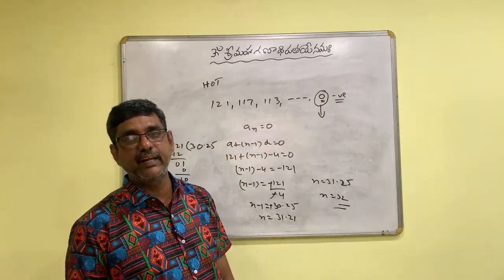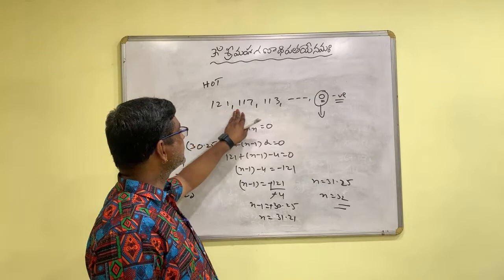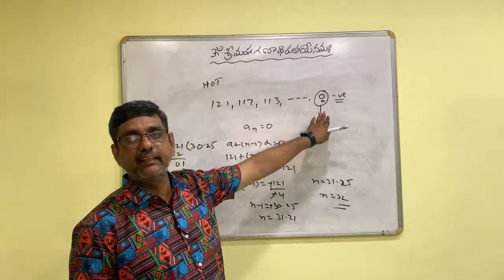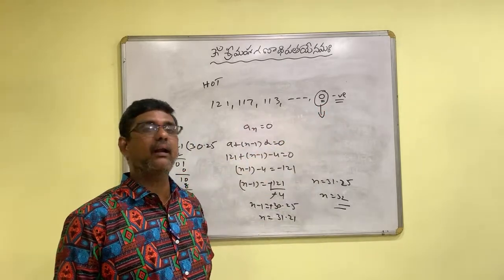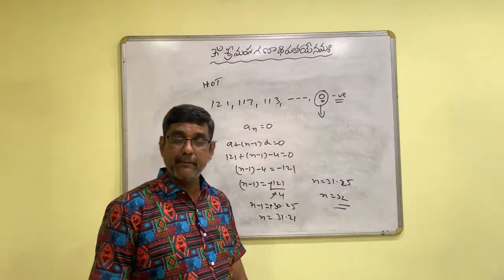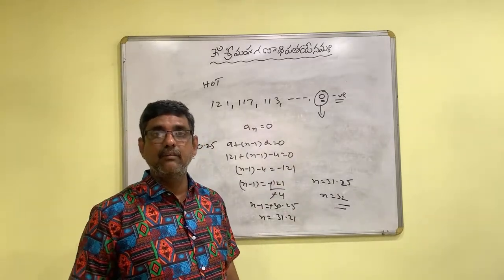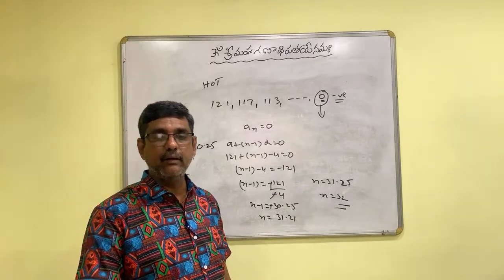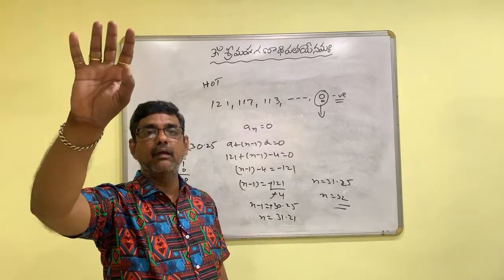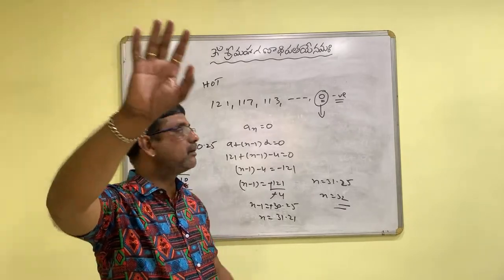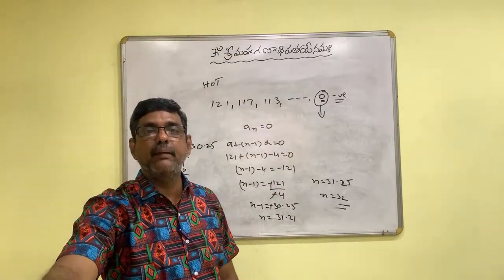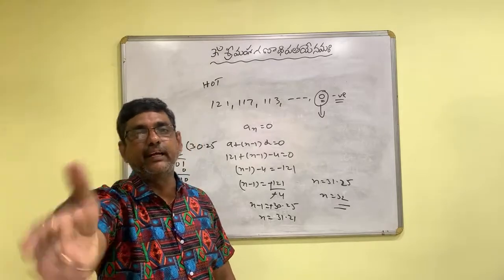What I am considering is, since this is a decreasing AP, first I am observing whether 0 is a term of this AP or not. Why? Because if I found 0 is a certain term, then after 0 whatever term comes is the negative term.